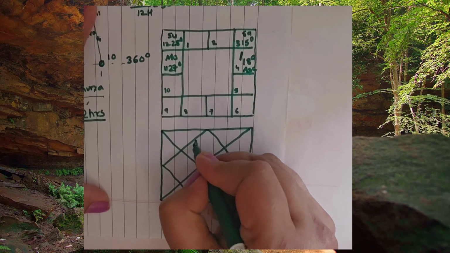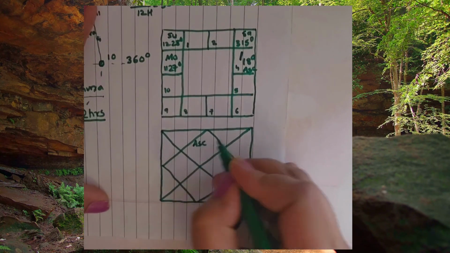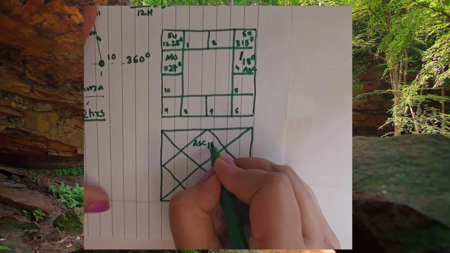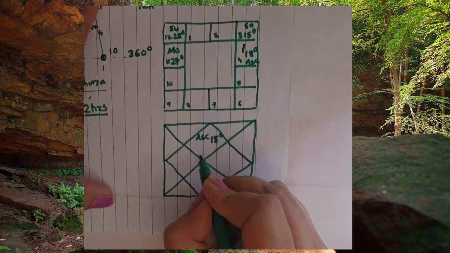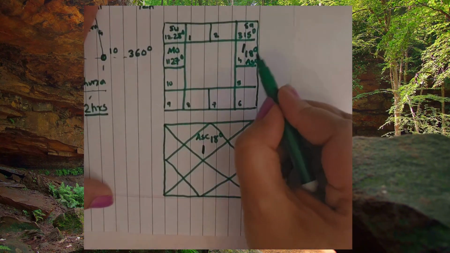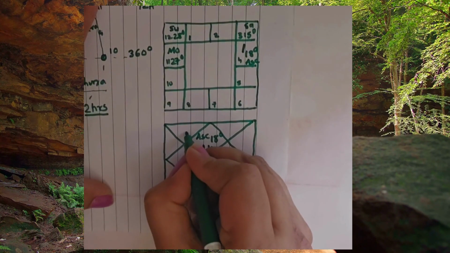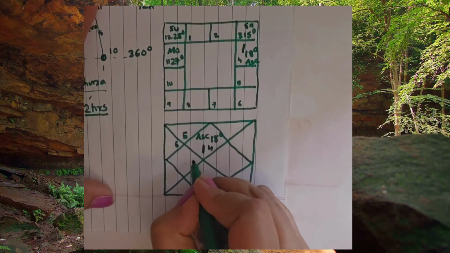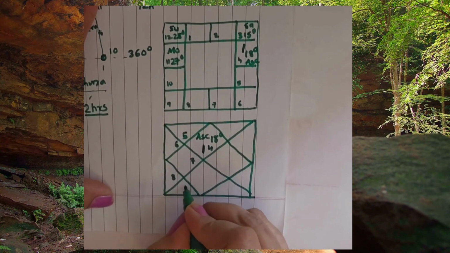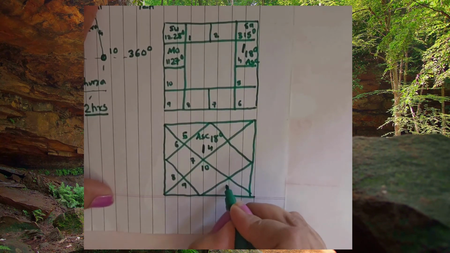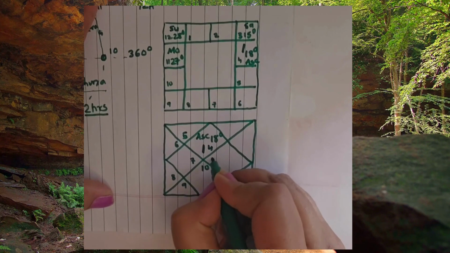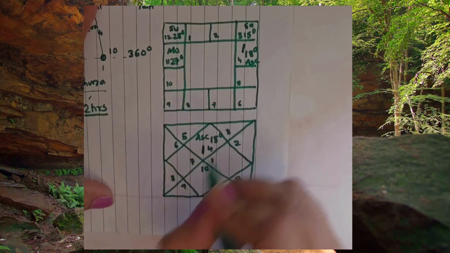So this is always ascendant. Okay, ascendant as we said is 18 degree. Correct? Now because this is ascendant, here it is Karka Rashi. So here it will be 4. Then we'll continue 5, 6, 7, 8, 9, 10, 11, 12, 1, 2 and 3.